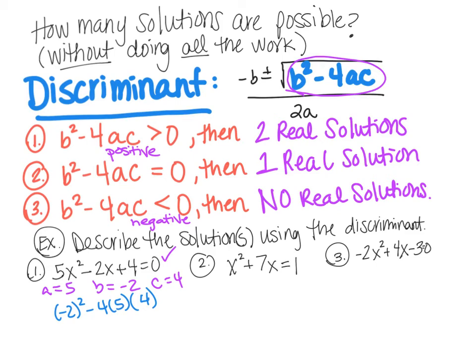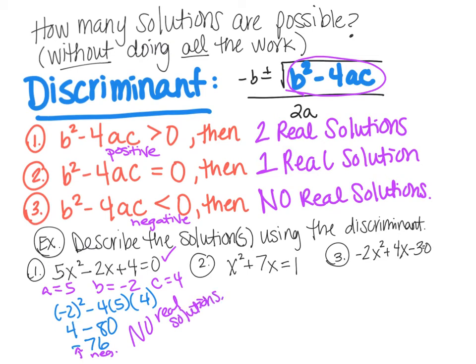So -2 times -2 is going to give me 4, minus 5 times 4 is 20, 20 times 4 is 80. So I get 4 minus 80, I get -76. So since the discriminant is negative, I'm going to say there are no real solutions.